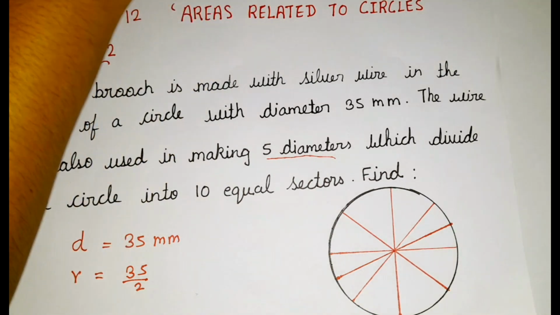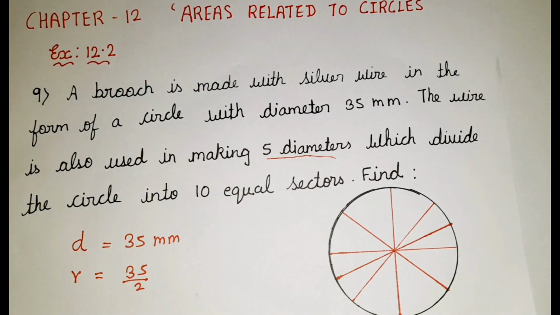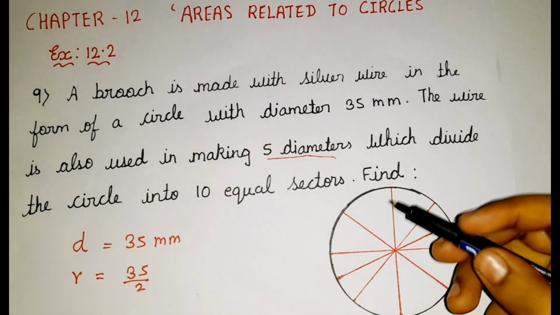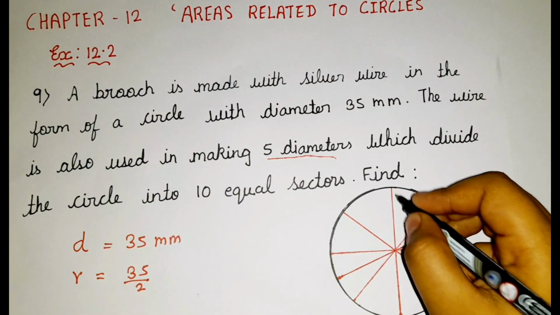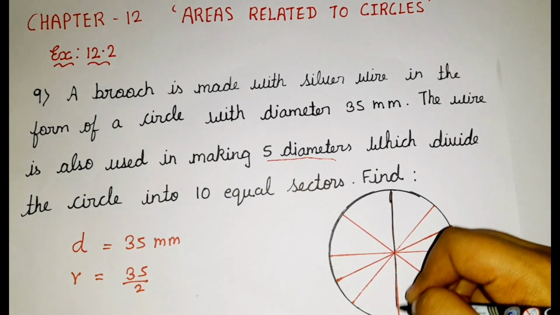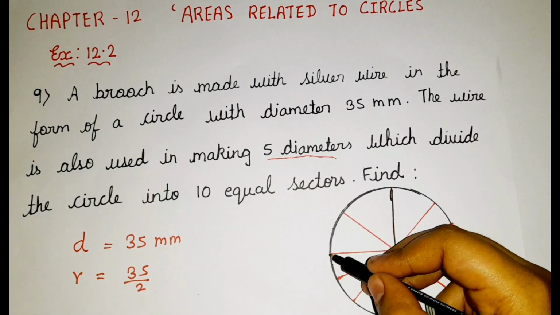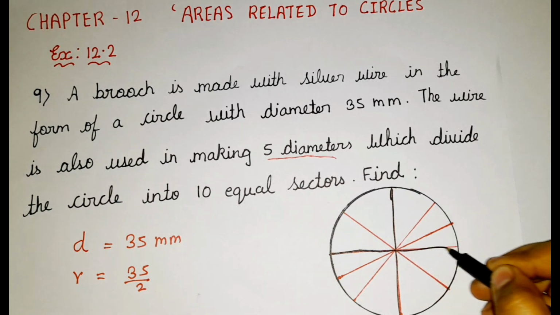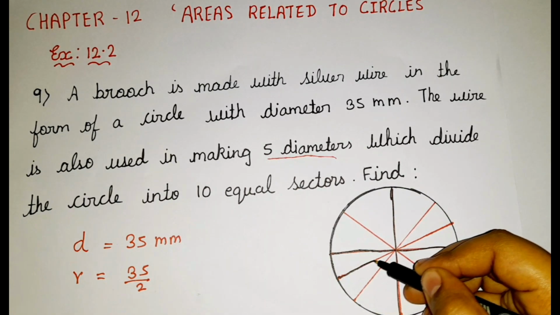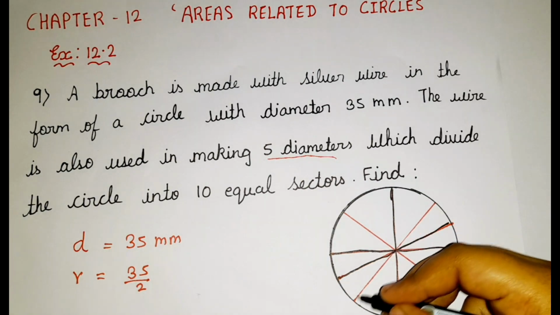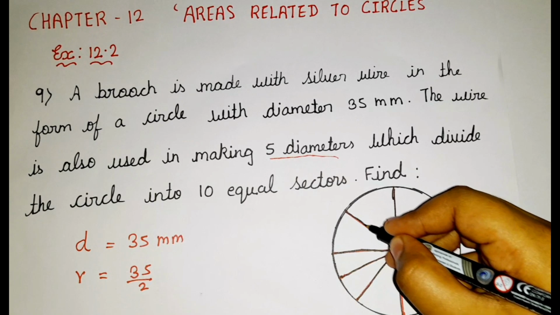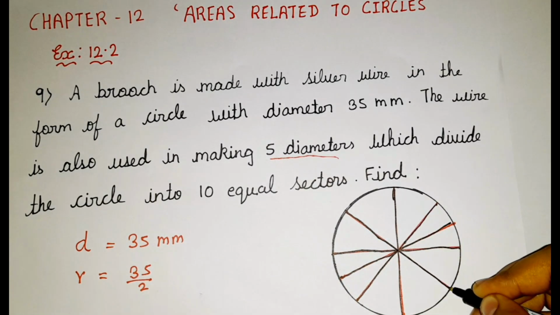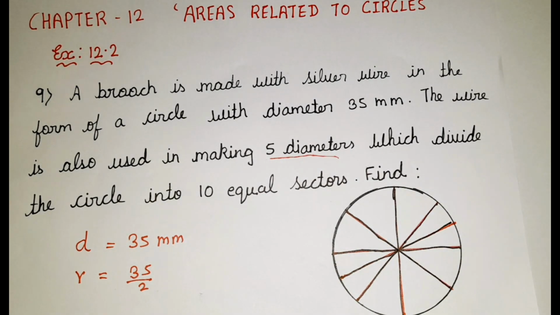Here the diameters mean the lines. I'll just mark it. Here I have 1, the complete line, and here I have 2, and here I have 3, and here I have 4, and here I have 5. So there are 5 diameters in this particular circle.